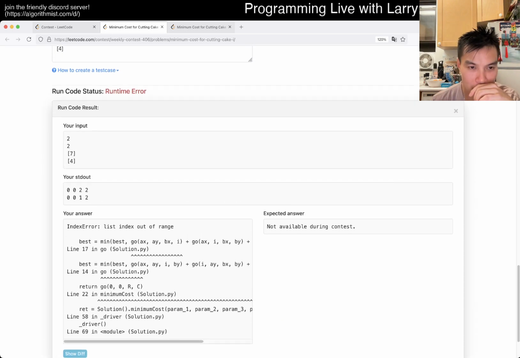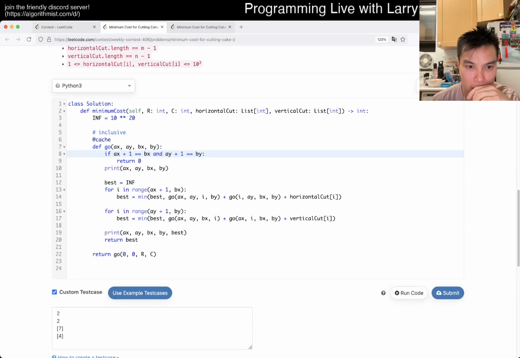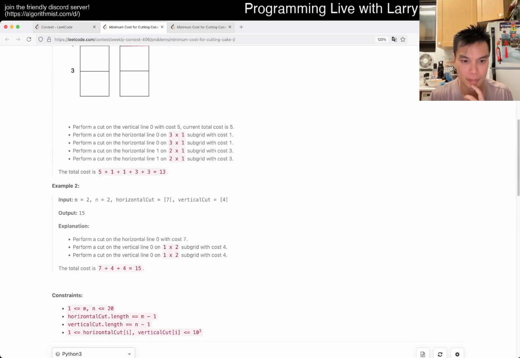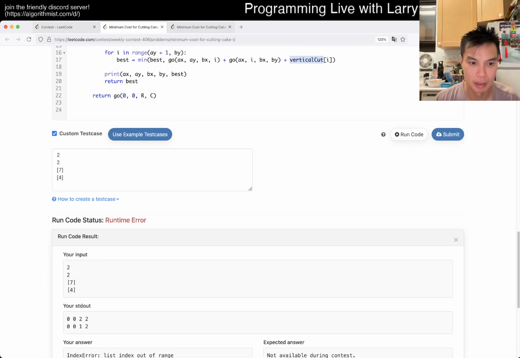Okay, still out of bounds, but vertical cut is, am I messing this up? Vertical cut is y, vertical cut is column, so yeah. Right? Well, it's 2, 2 anyway, so that doesn't make sense.